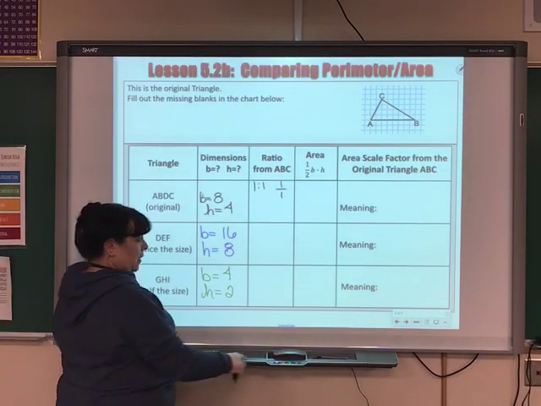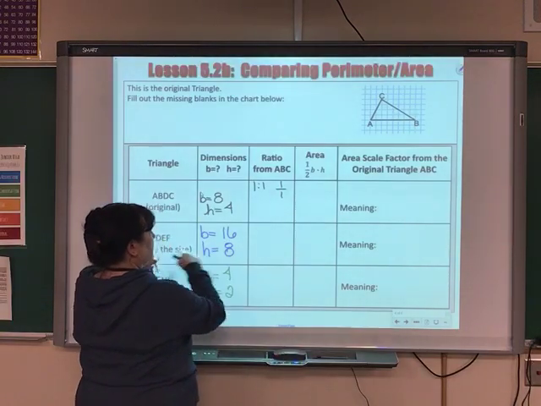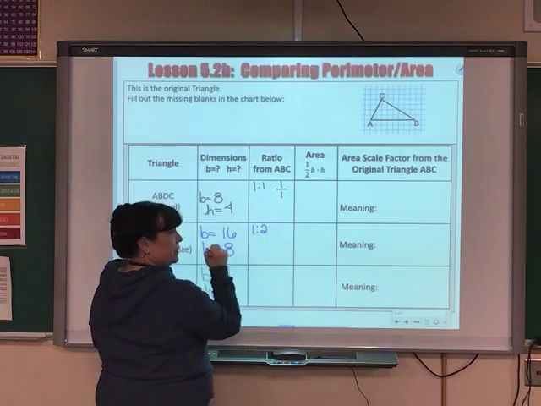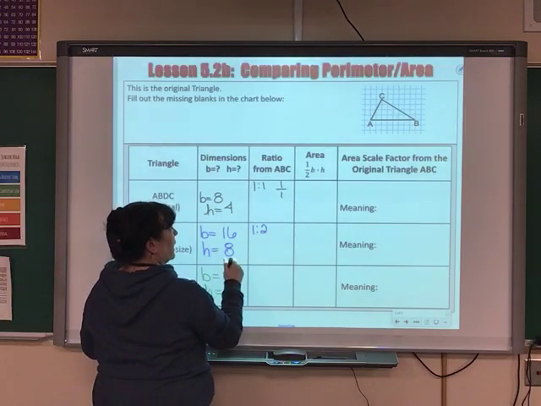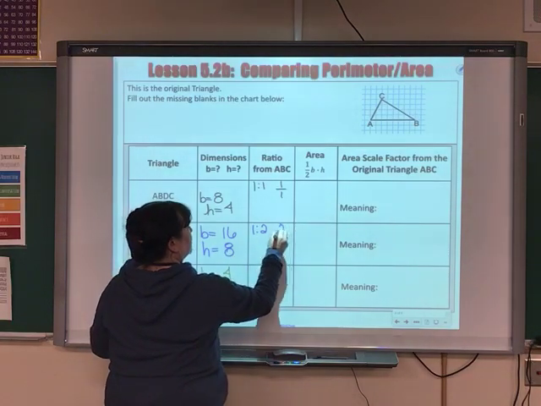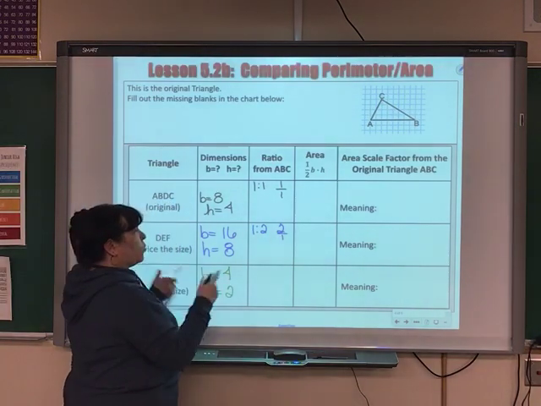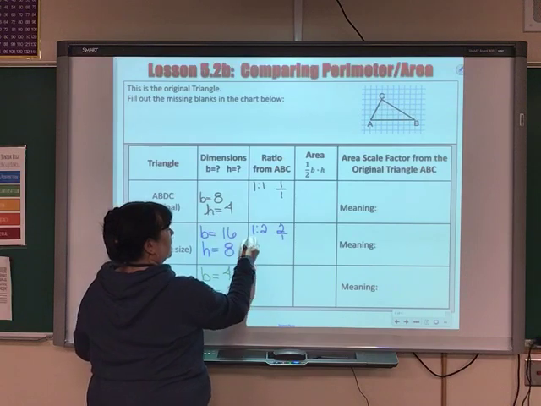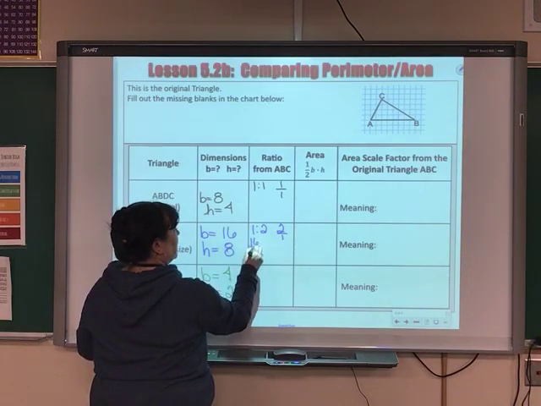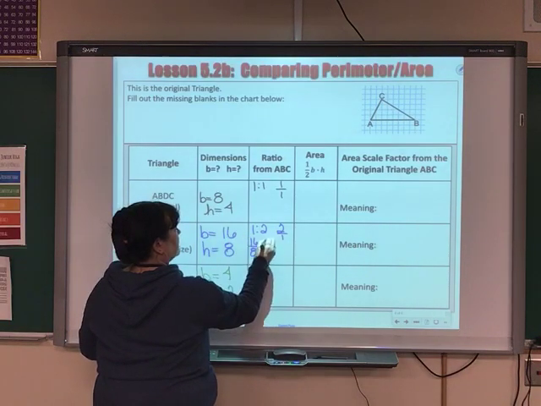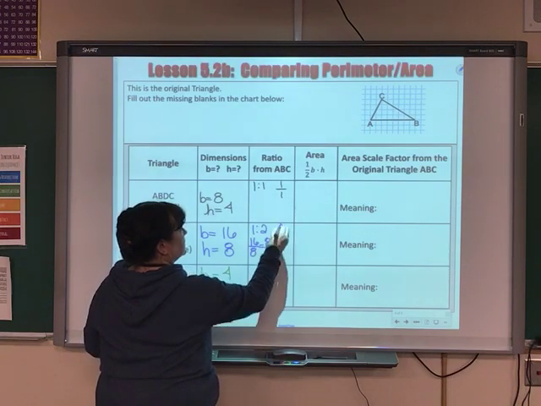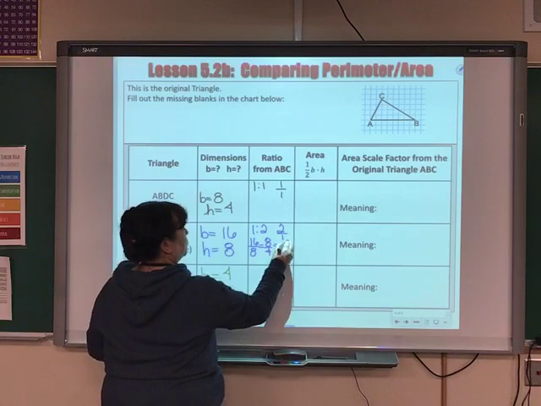This one, we could put it as 1-to-2, because we doubled it. We could write it as 2-to-1. We could look at the difference in our sizes and say something like 16 is to 8 as 8 is to 4. All of those end up being 2-to-1.